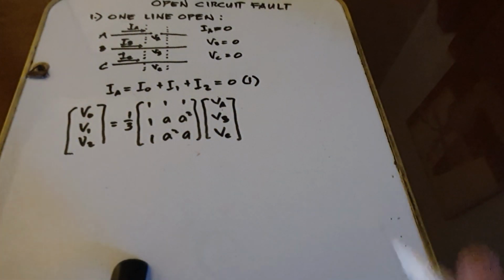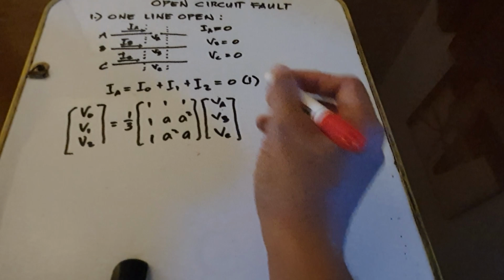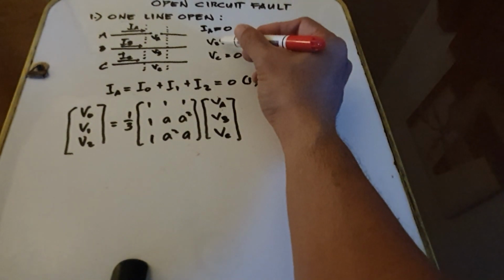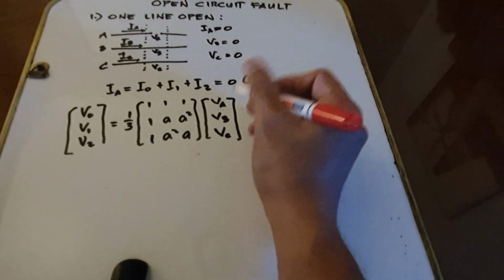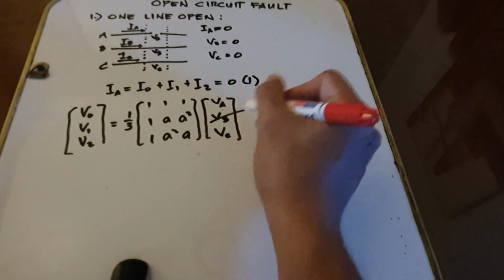We'll use this formula. Now, since VB and VC are equal to 0, so this is 0, this is 0.